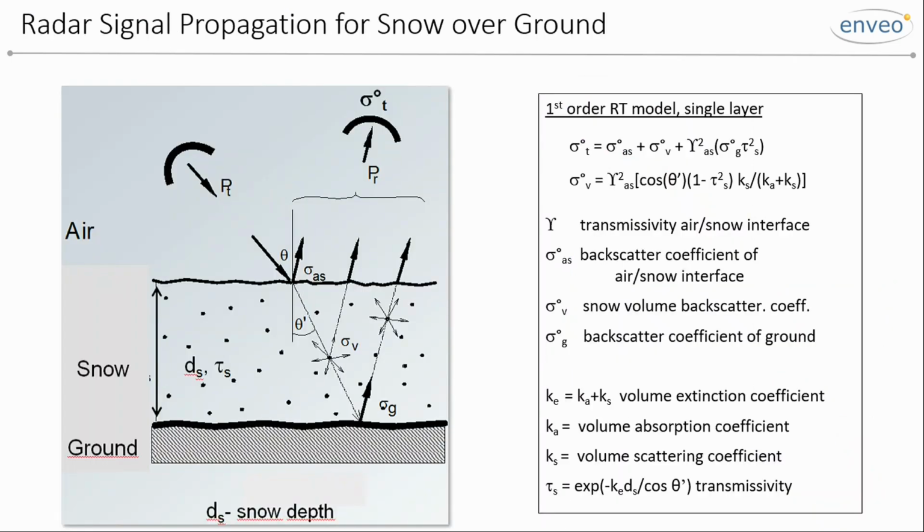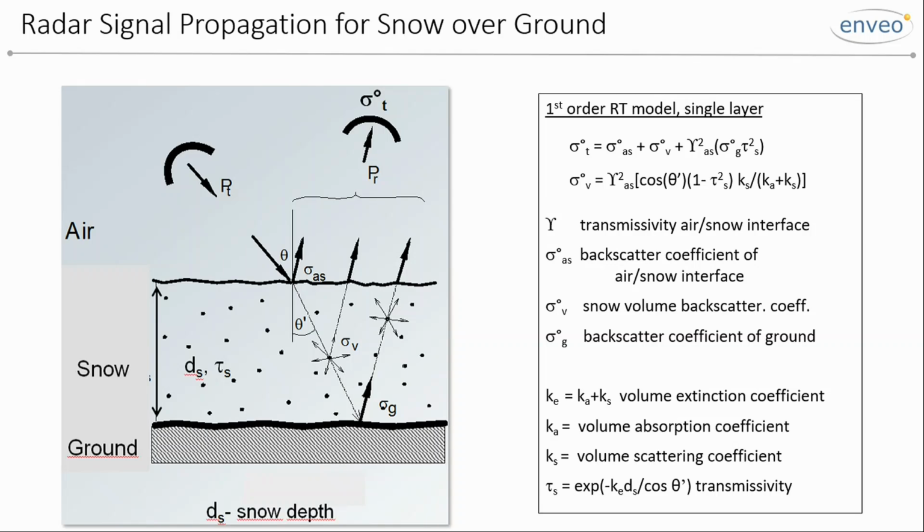A super simplified model to see how a snowpack could look. We have a snow depth, ds, then we have a kind of transmissivity, tau s. I'm not going into the parameters, but it should explain how a signal measured by the satellite is formed, and which backscatter processes are important. And this is now for dry snow. So we have a snowpack in the order of, let's say, 1 to 2 meters.